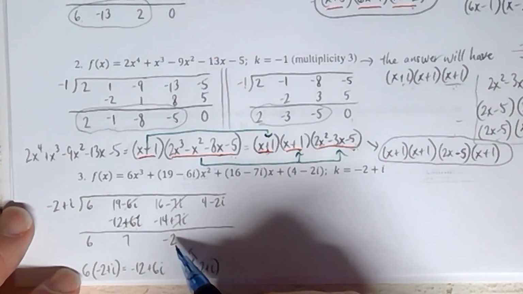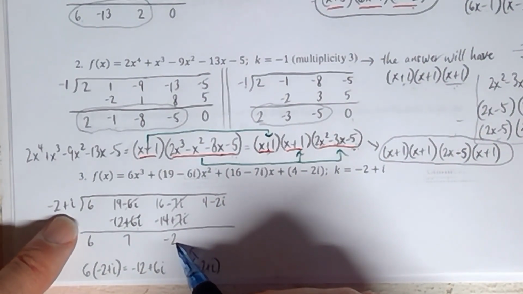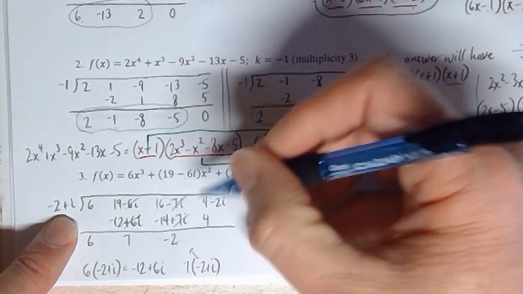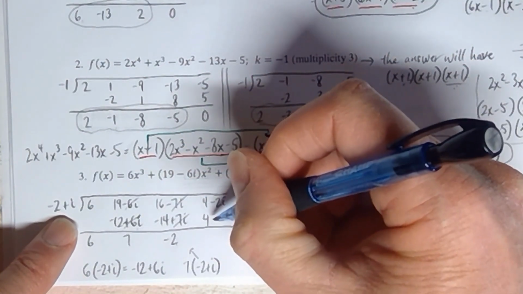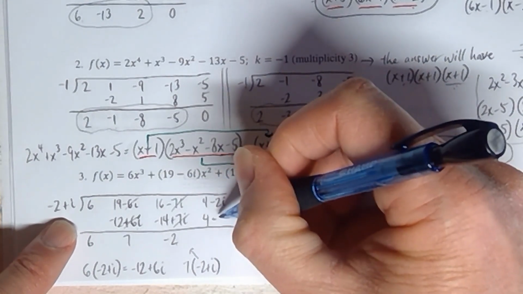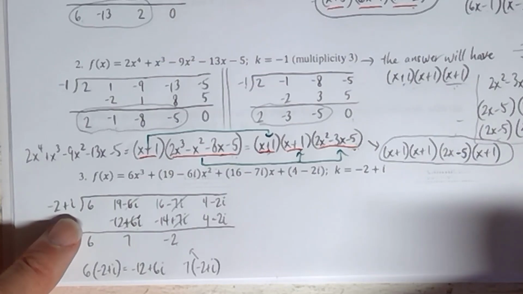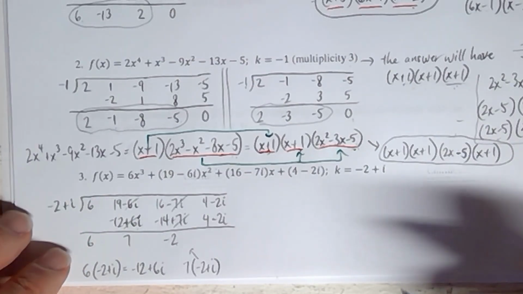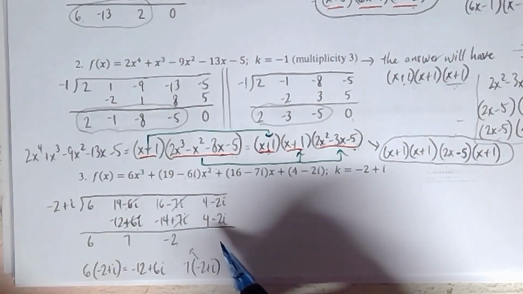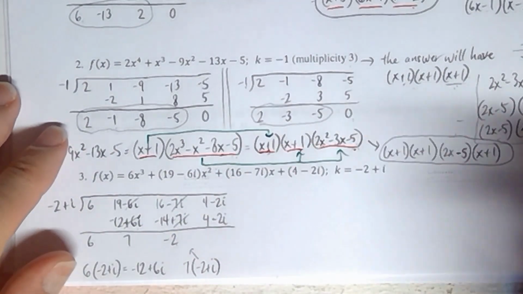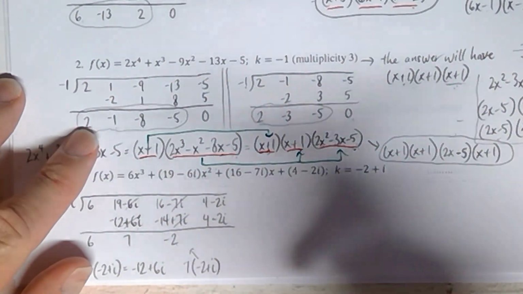And then one more time here, negative 2 times this thing on the outside, we distribute again. We get 4 minus 2i. And let's see here. Something went wrong there. Let me check that out. Oh, that's what it was. My fault.